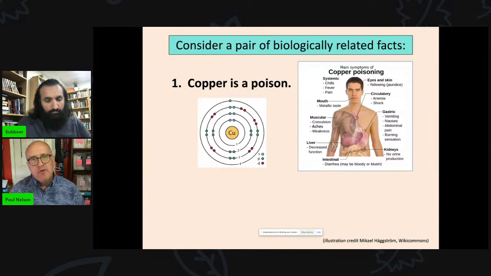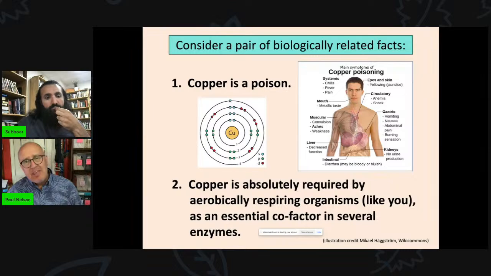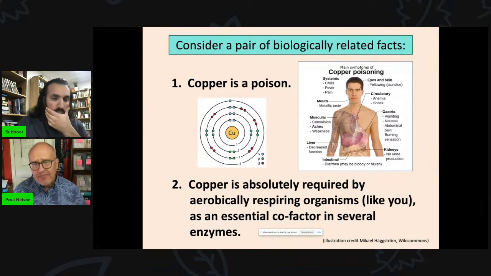If you have too much copper in your diet, or you somehow are exposed to too much copper, lots of bad things follow from that. So that's your fact A. Copper is a poison. Fact B, copper is an essential cofactor in many enzymes. You have to have it.